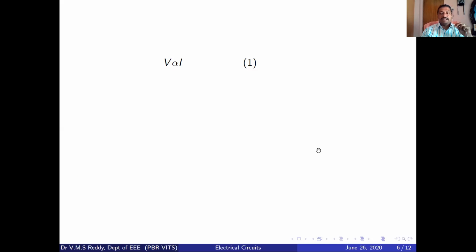That is the relation V proportional to I. When we remove the proportionality, a constant parameter becomes available, and that constant parameter is nothing but R. That constant parameter R is called resistance.